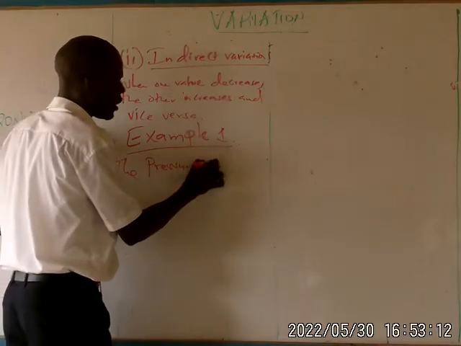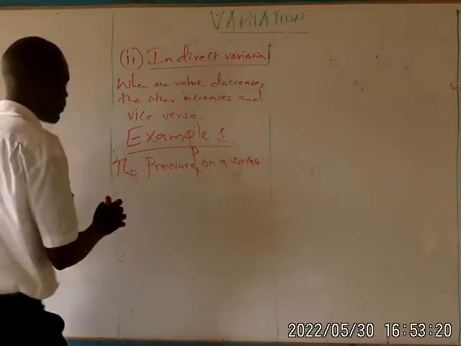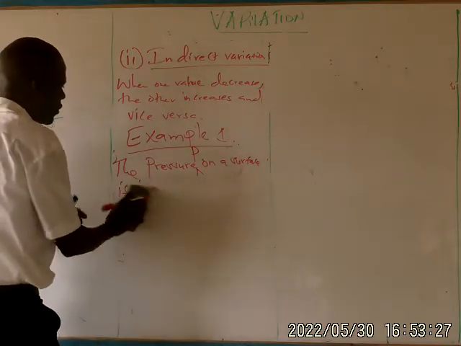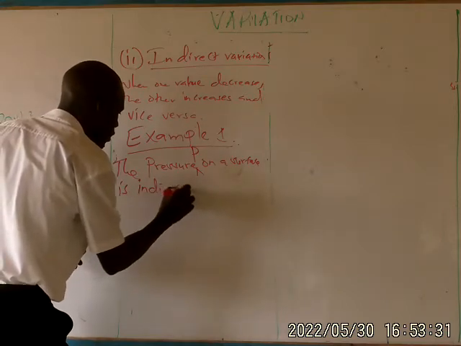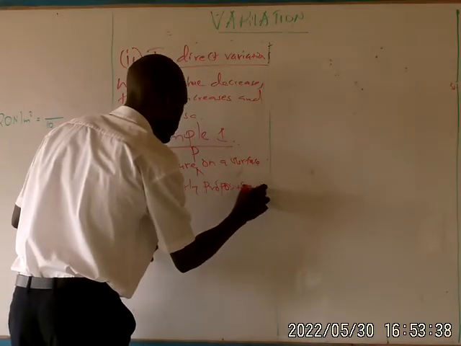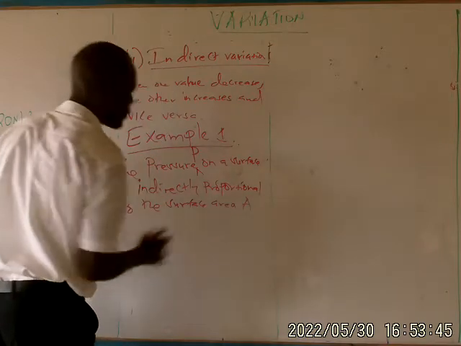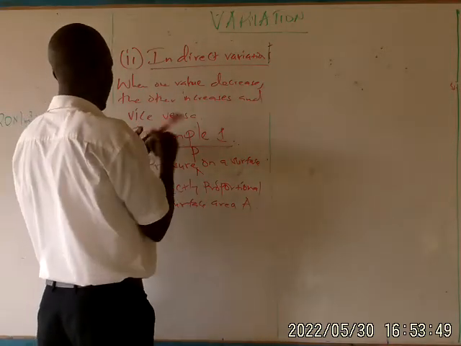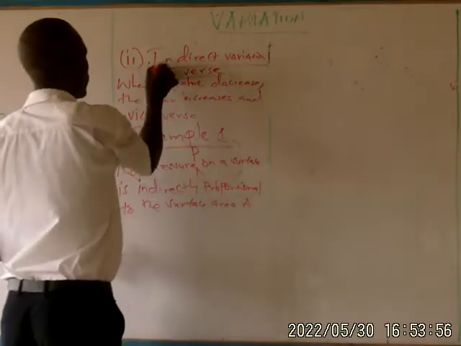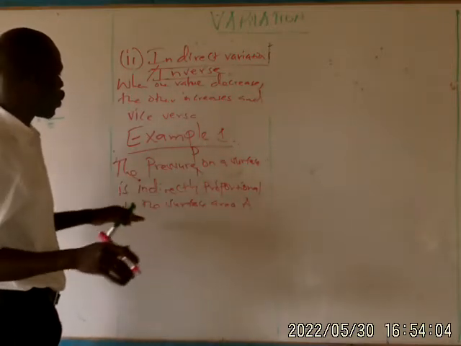The pressure P on a surface is inversely, or indirectly, proportional to the surface area A. In that proportion, I use another word here, which is inverse. So the word indirect or inverse, they are just one and the same thing. So the pressure P on a surface is indirectly proportional to the surface area A.